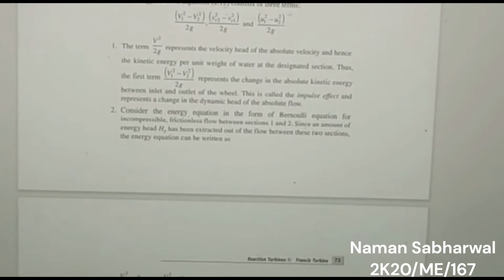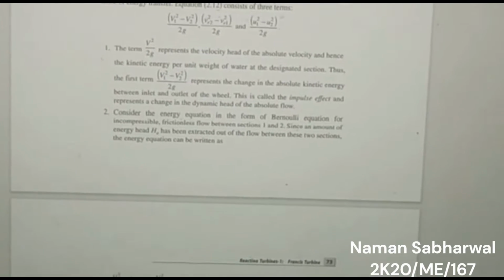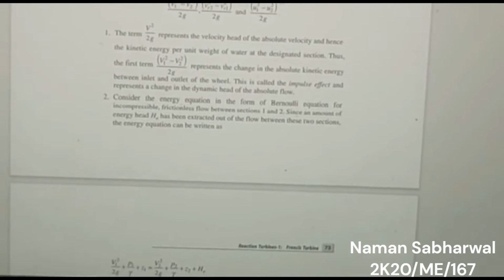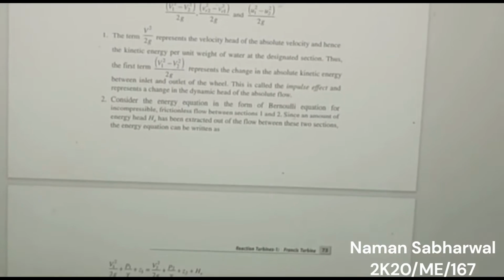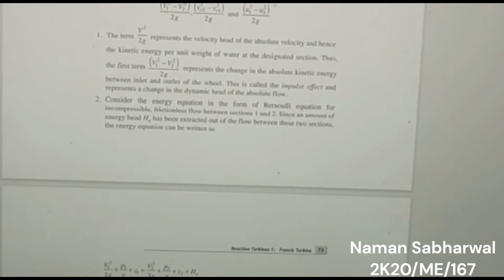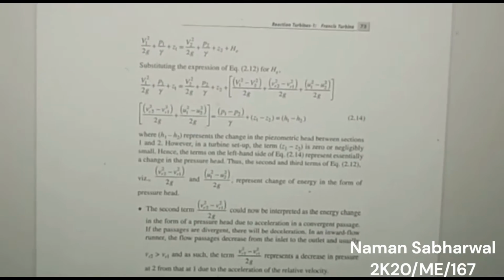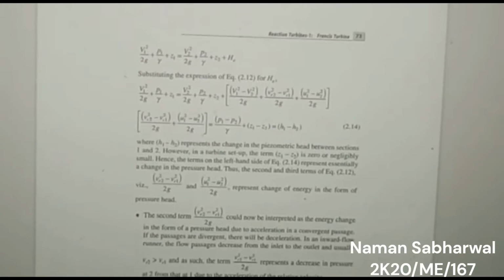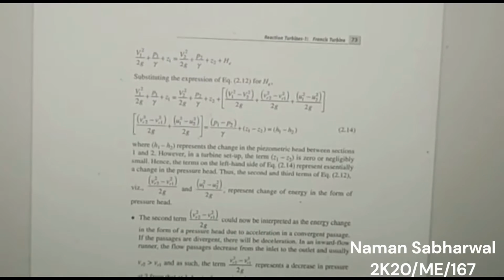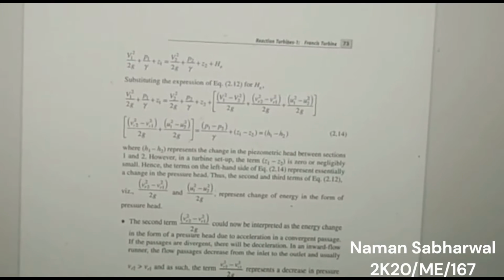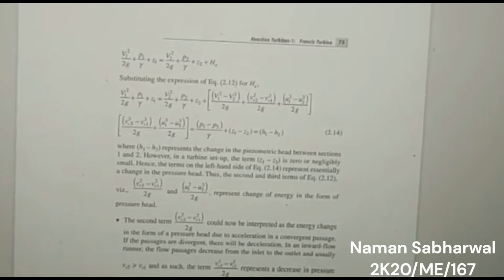Then we have to consider the energy equation in the form of a Bernoulli equation, because it is an incompressible and frictionless flow between section 1 and section 2. And the amount of energy head HE has already been extracted out of the flow between the two sections. The energy equation can be written as follows: V1 square divided by 2G plus P1 divided by sigma plus Z1 is equal to V2 square divided by 2G plus P2 divided by sigma plus Z2 plus HE.